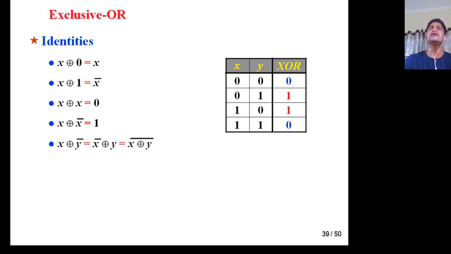So what is the alternate symbol of the XNOR gate? Just make one input with a bubble. So you have to invert one input.